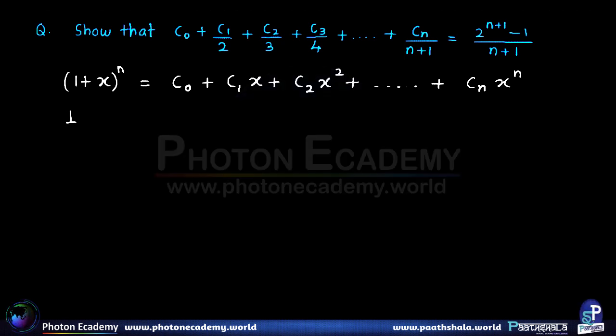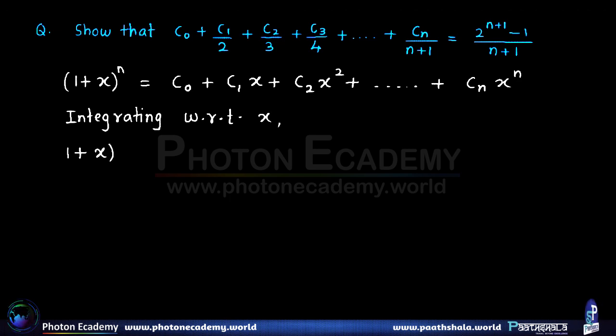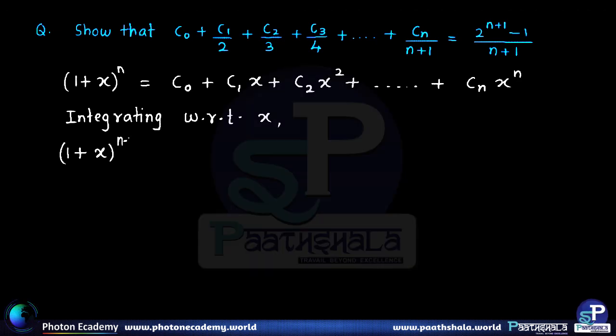Now here let us integrate both sides with respect to x. Now here, as we know, during the integration the degree increases by 1 and the term also gets divided by that increased degree. Now while integrating, we will integrate it between the two limits 0 to 1.